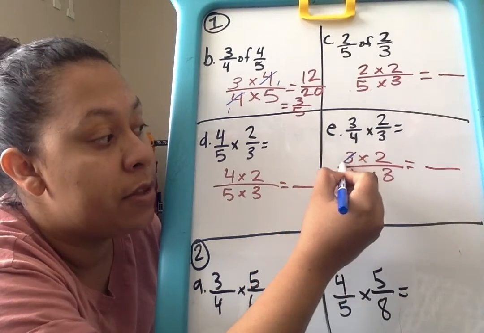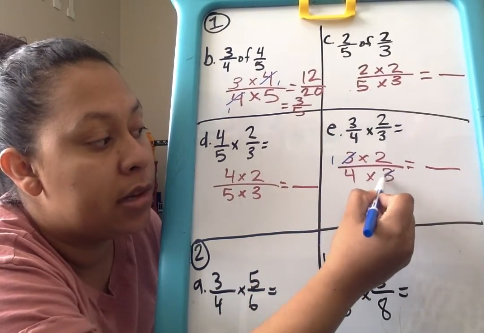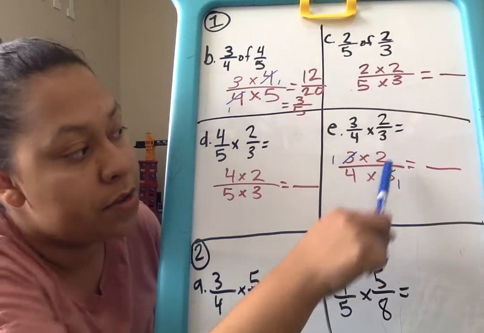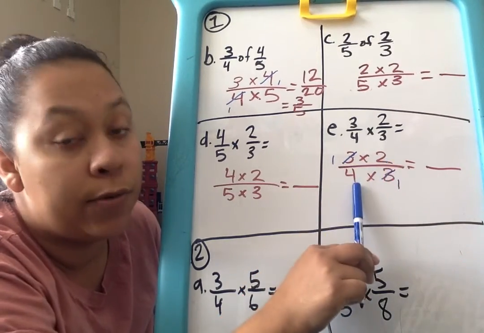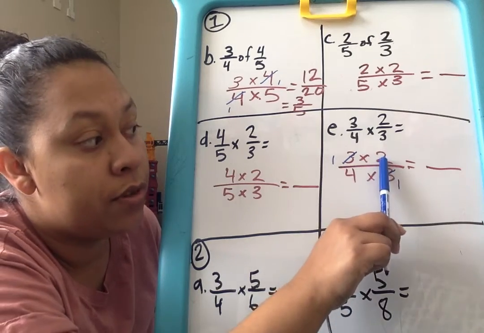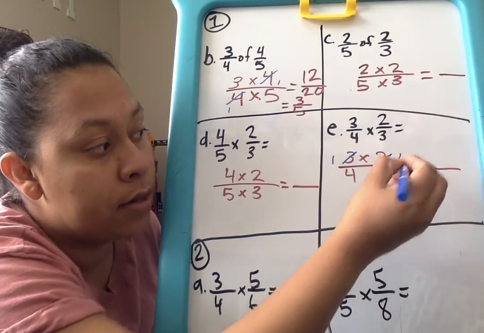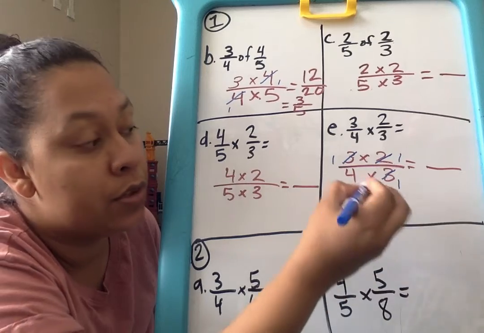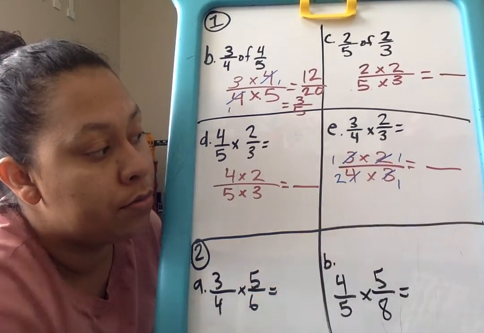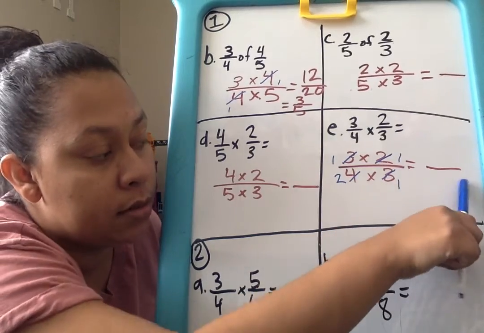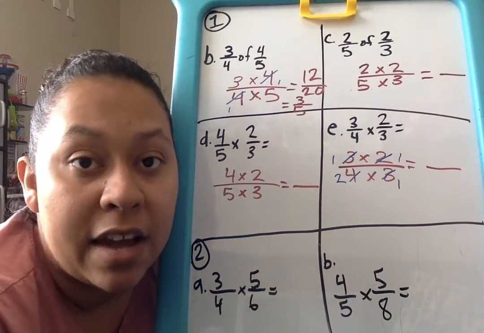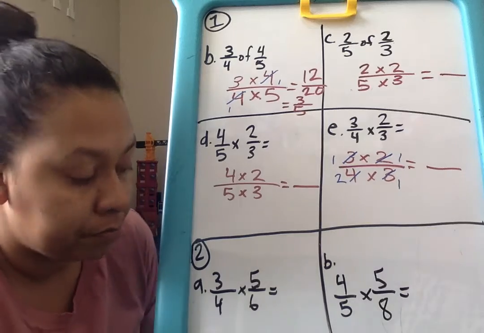So 3 divided by 3 equals 1. 3 divided by 3 equals 1. So now we have 2 and 4. 2 can be divided by 2. 4 can be divided by 2. So 2 divided by 2 equals 1. 4 divided by 2 equals 2. So then you could have 1 times 1 and 2 times 1 to have your simplified fraction answer.